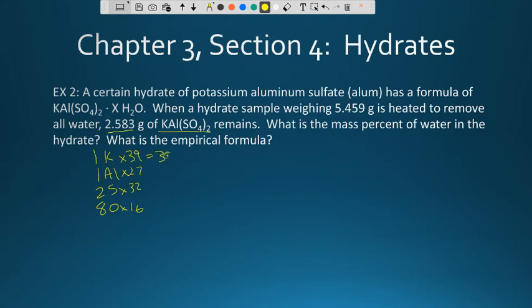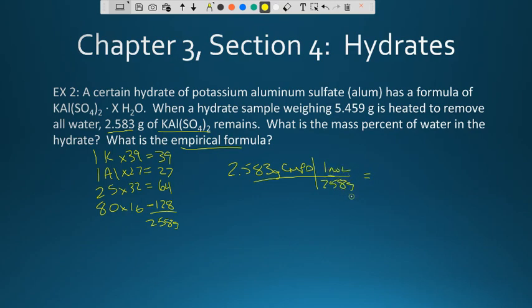So if I add this all up, I end up with 39 plus 27 plus 64 plus 128. So the formula mass of the entire compound is 258 grams. Okay, so taking a look, again, we're looking for the empirical formula, 2.583 grams of the compound, and I see that we have 258 grams per mole.